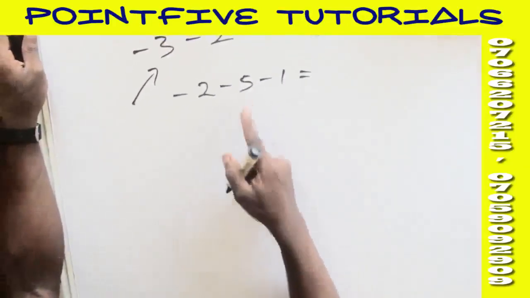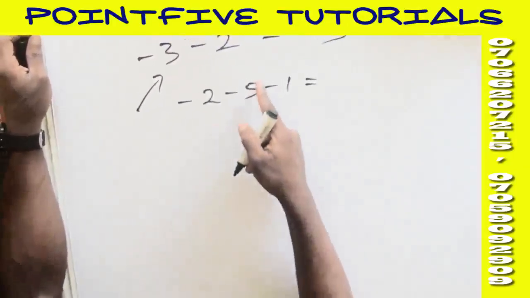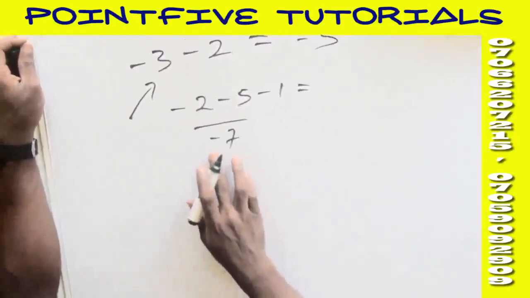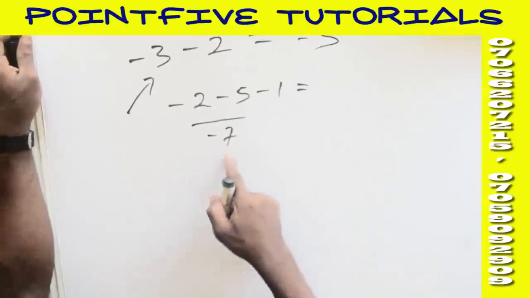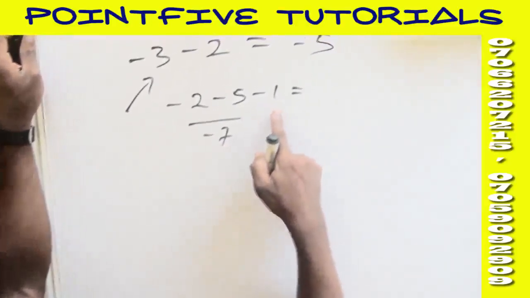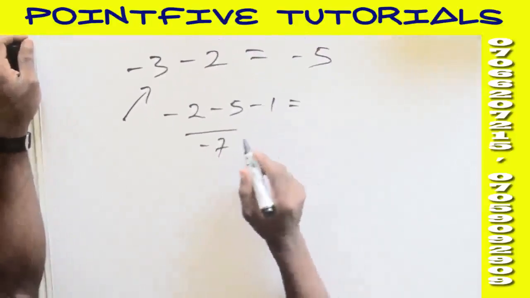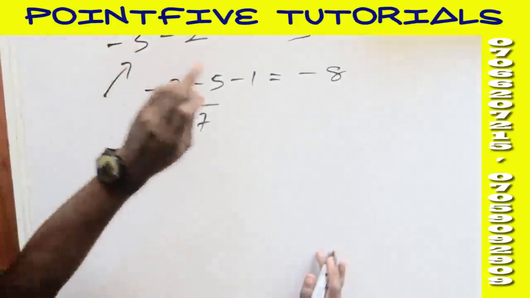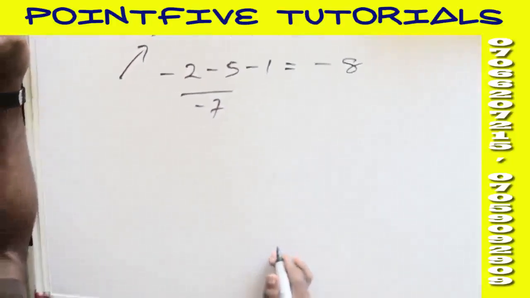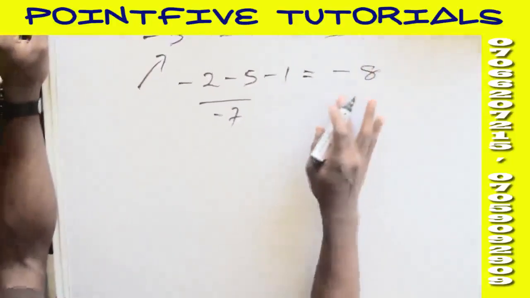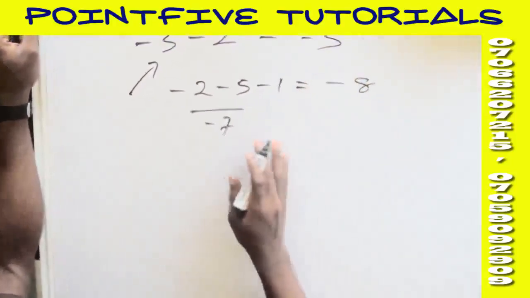Minus 5 means you are still owing 5 naira. From here to here is minus 7. You are owing, that means you have to put minus. You are owing someone 7 naira, and you are still owing another person 1 naira. That means you are owing a total of 8 naira. Whenever you are owing, we put negative. So this is a negative number because it has a minus at the front.